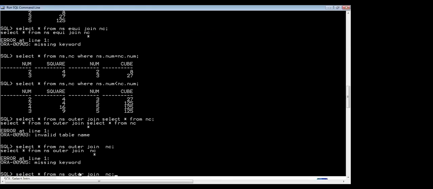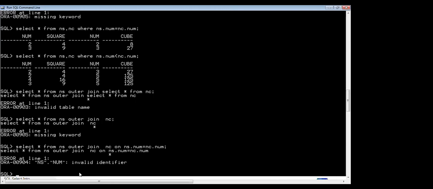So here you have to observe on what columns are common for these two tables. NS.num equals NC.num. What are the common columns you have to put there?